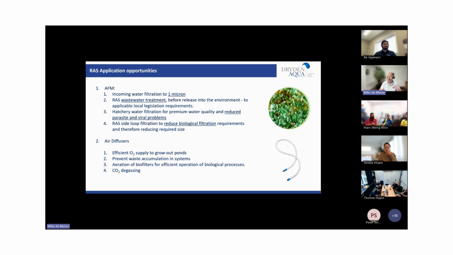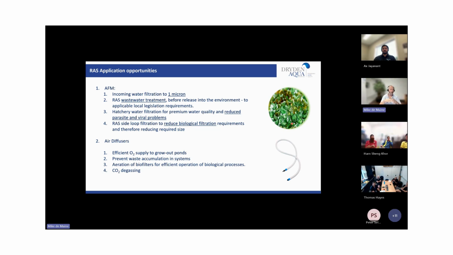Okay. We also, as you can see on the right-hand side, have our air diffusers used a lot in aquaculture, from helping to keep the grow-out sea pens clean, because they'll put the air diffusers around the sea pens to help aerate the outside surface to keep seals away, keeping it clean, and also creating a very good aerated environment for the fish in the sea pens, to having the diffusers on the floor below the sea pens to keep the area from becoming too settled with organic waste under the sea pens.